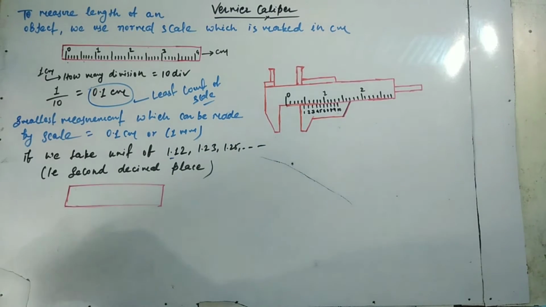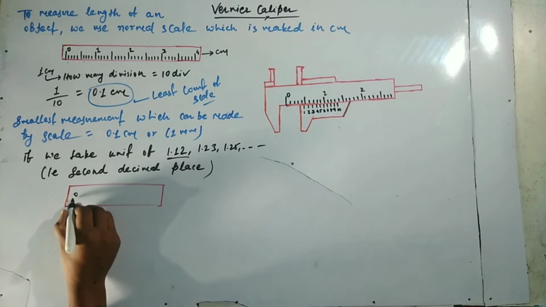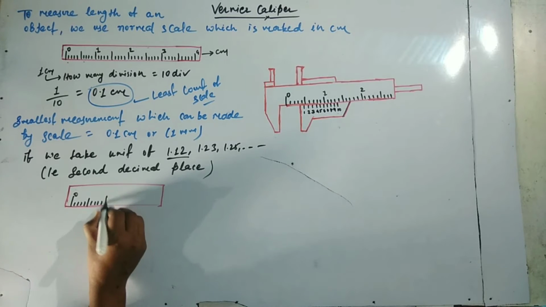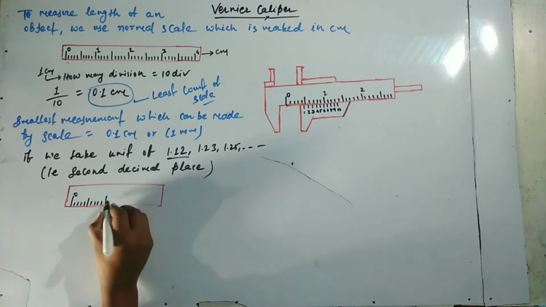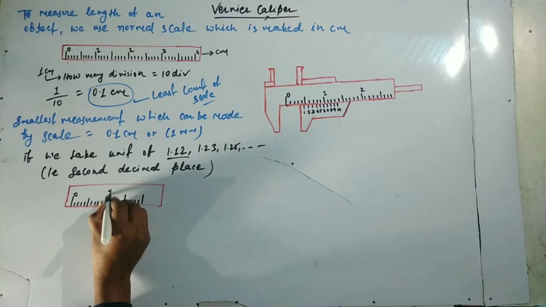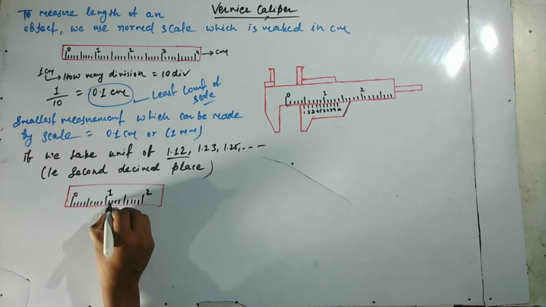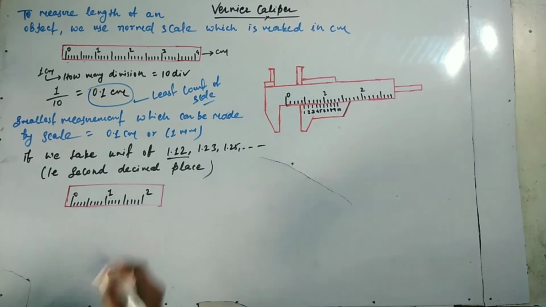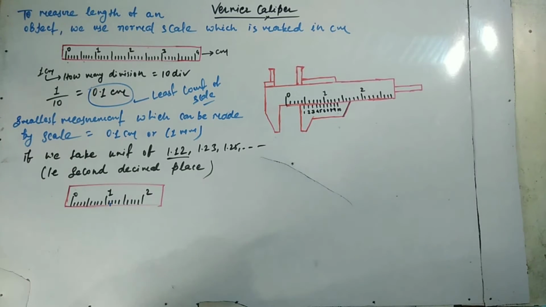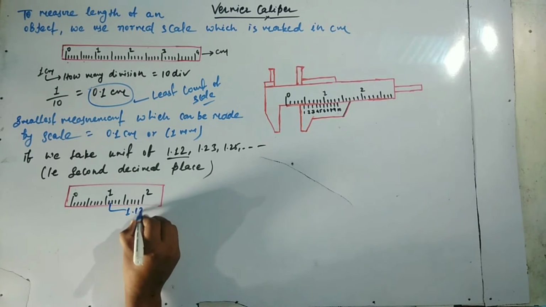Now we take a normal scale and put the unit. It is a scale with 1 cm and 2 cm. So how will we measure 1.12? It will be between 1.1 cm and 1.2 cm.